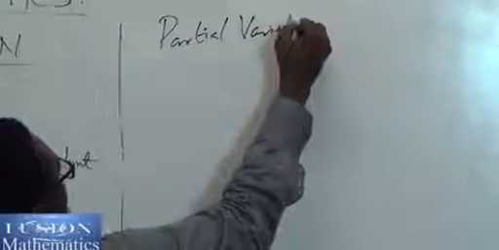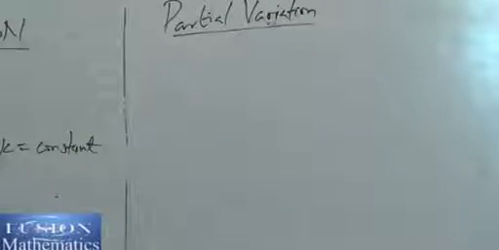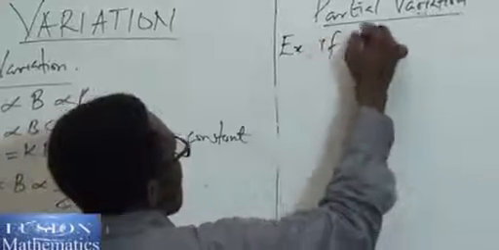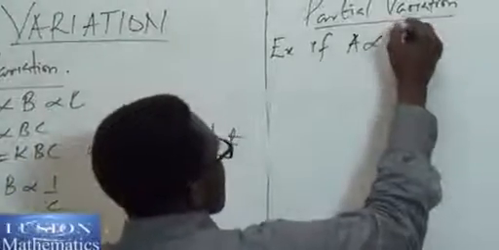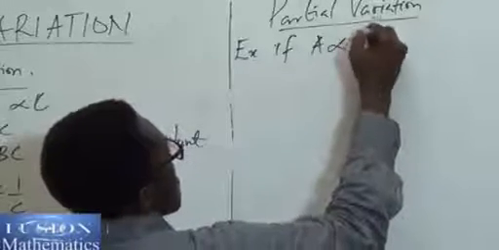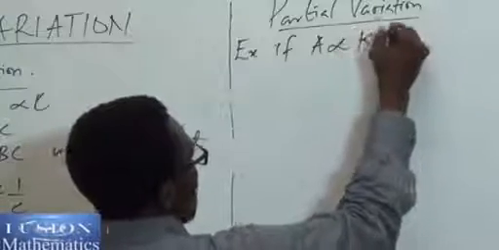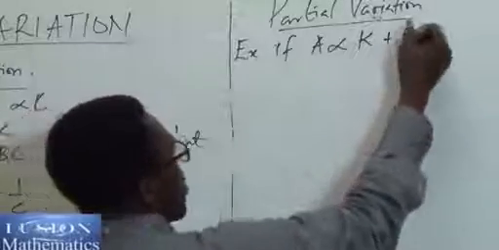Now let's look at partial variation, which is the last type of variation. For this variation, we are looking at two or more parts that are added. That is, for example, if A partly varies as a constant and as B. So we say the constant K plus B. Now for B, because we have B, we also introduce a constant.